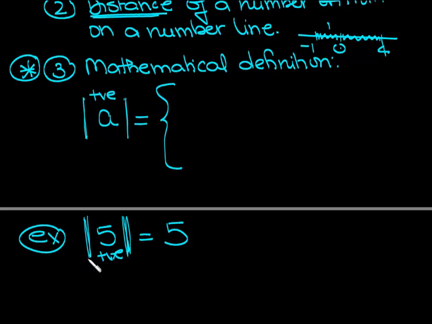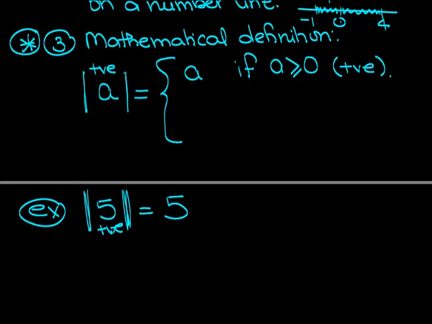Okay, so if the number is positive, those absolute value bars are not required. We just get that number back, a, if a is greater than or equal to 0. When we say something is positive, in this case it also applies if a is 0. So in essence it basically means non-negative.